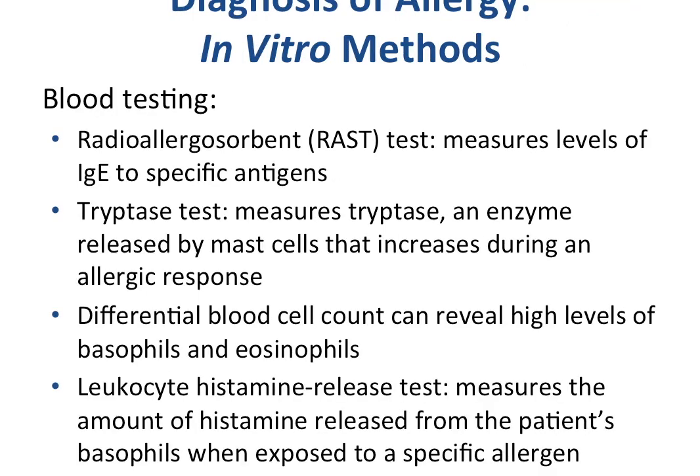So how do we set up the diagnosis of allergy? We can use the radioallergosorbent test. Those tests can measure the amount of the IgE, okay? The tryptase test to measure the tryptase.